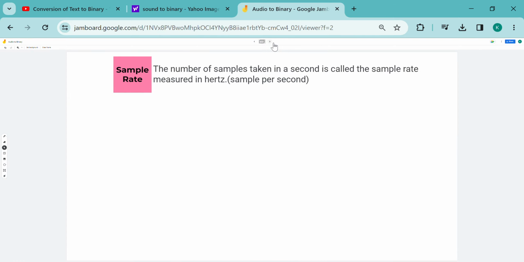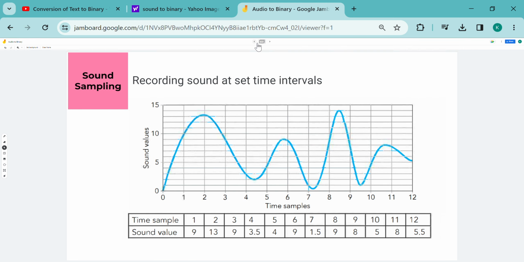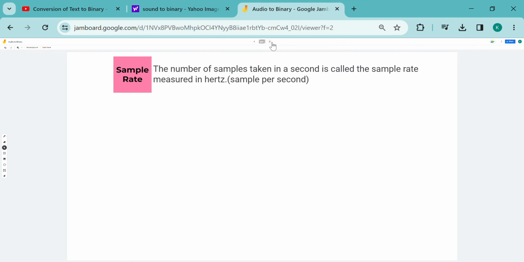Next thing is sample rate. So sound sampling and sample rate are two different things. In case of sound sampling, we are usually setting time intervals for recording a sample. But in case of sample rate, we are counting the number of samples that can be taken in 1 second.